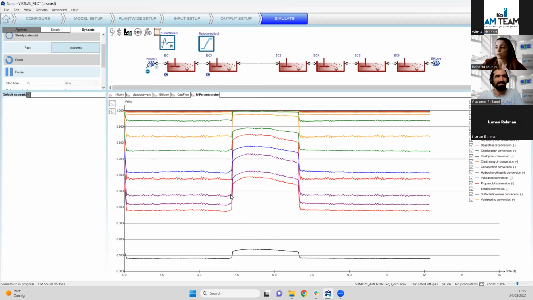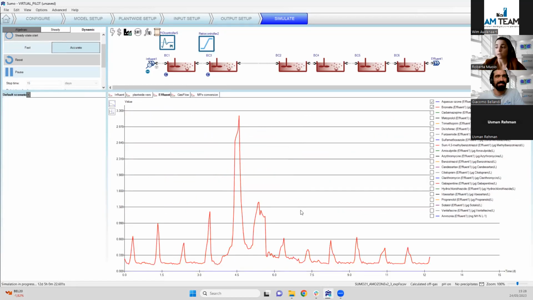What is interesting to see here is that during the rain event, we have an increase of micropollutants removal. Why? Because with the dilution of the water, the scavenging of the radicals is less pronounced, which means that we have more production of hydroxyl radicals, leading to higher micropollutants removal and, as we can see, higher bromate formation as well.